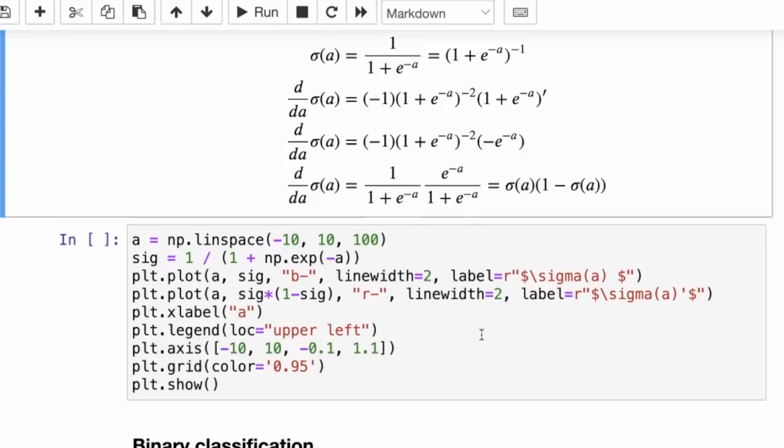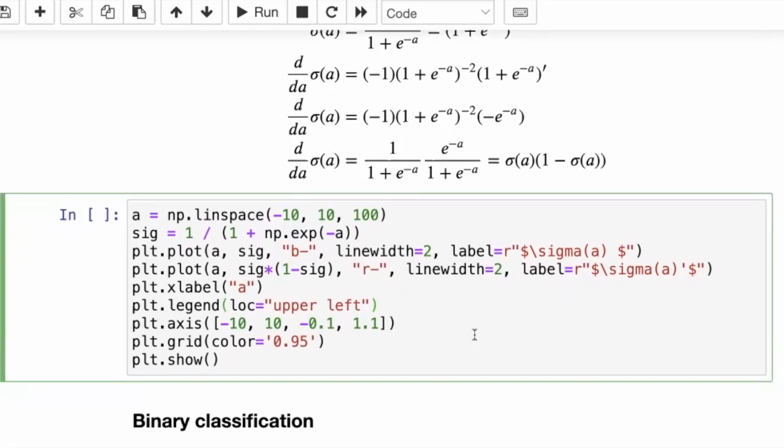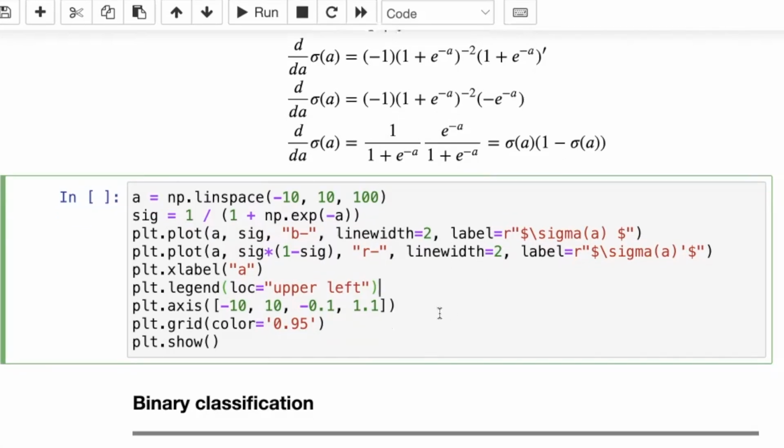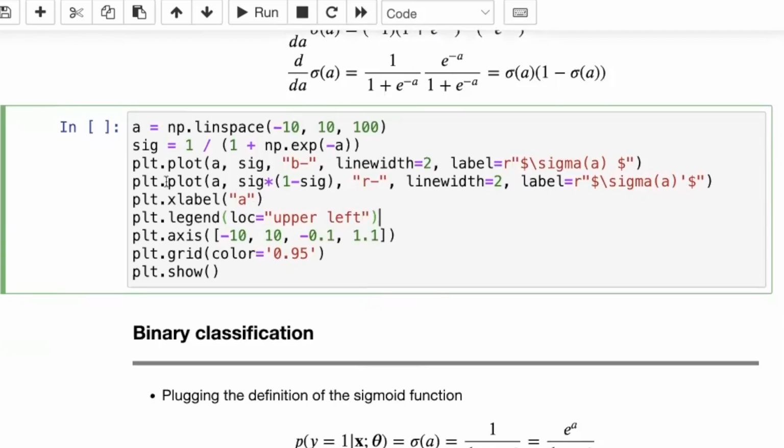So in this cell, again, we want to use programming here mainly rather than going through math in a very comprehensive way, to get a sense of these results. In this case, we're going to plot the sigmoid function and also its derivative, which is sigmoid times 1 minus sigmoid, as we just have here.